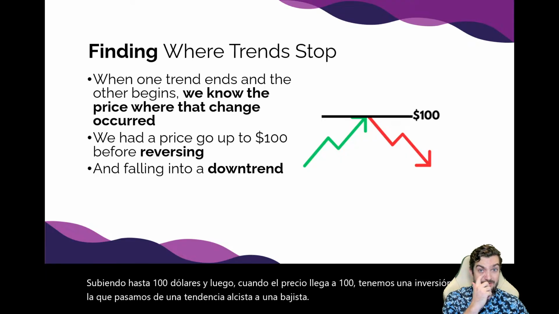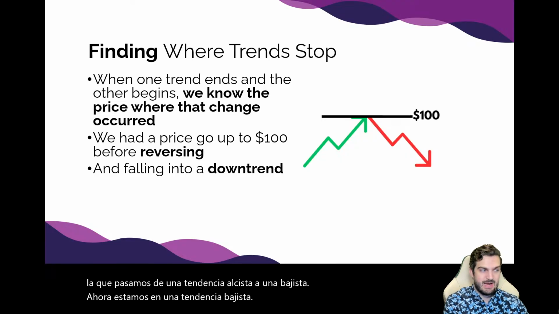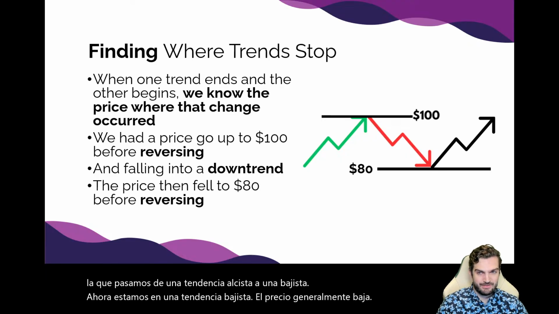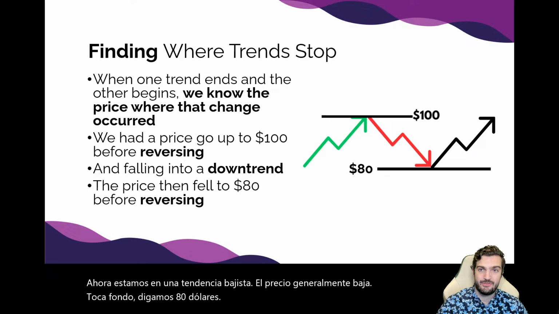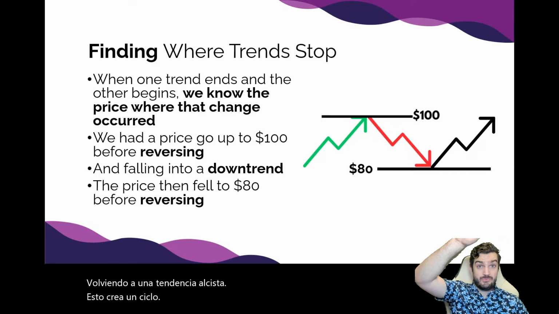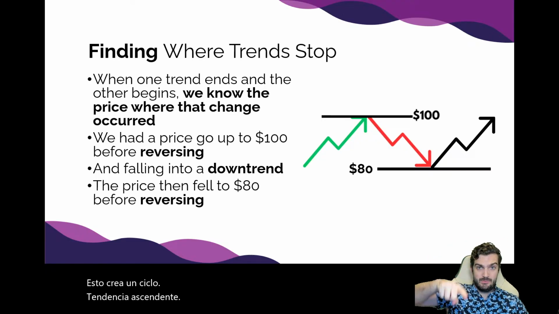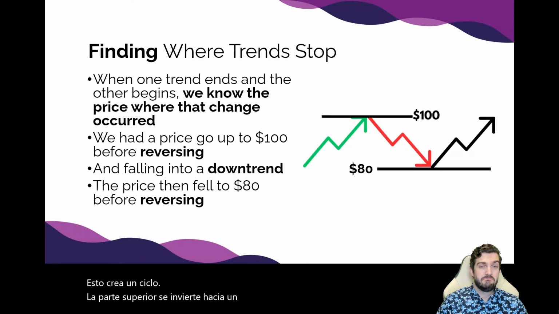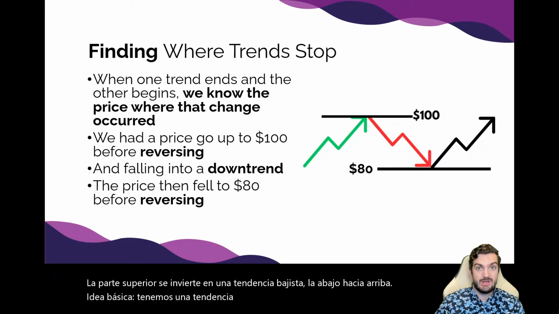Now we're in a downtrend. The price is generally going down. It hits a bottom, let's say $80, and then reverses again, back into an uptrend. This creates a cycle. Uptrend, a top, reverse into a downtrend, bottom, reverse, up. Basic idea, we have an uptrend, a reversal, a downtrend, a reversal, an uptrend, and the cycle repeats.